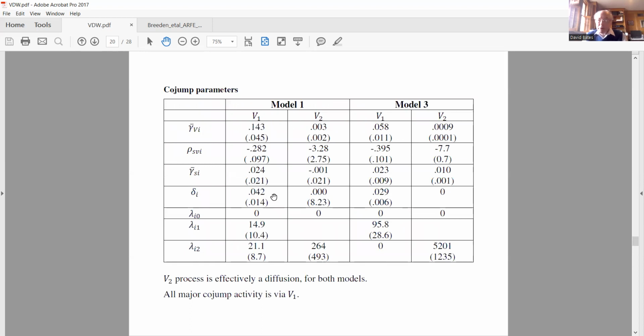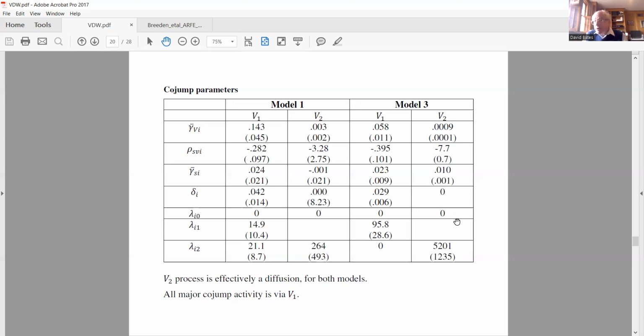Cojump parameters. These are cojumps. They're small but self-exciting. What comes out of this table is that V2 is basically a diffusion. I was looking for jumps in the slower moving variable that certainly affects the VIX.